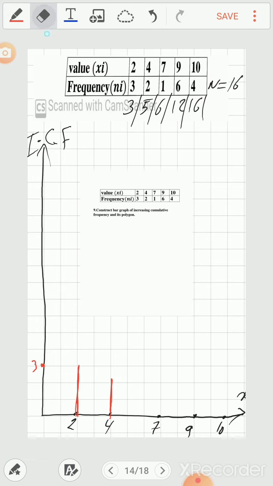No, sorry, we are constructing increasing cumulative frequency. The height of 2, yes, is 3. The height of 4 is 5. 3, 4, 5. This is 5.